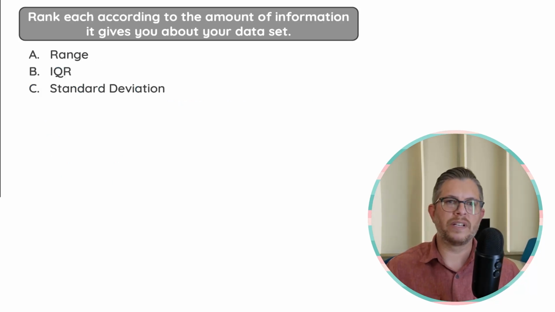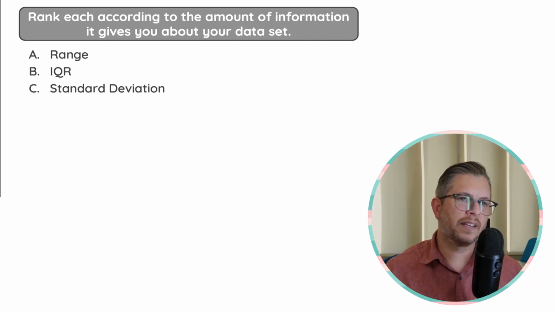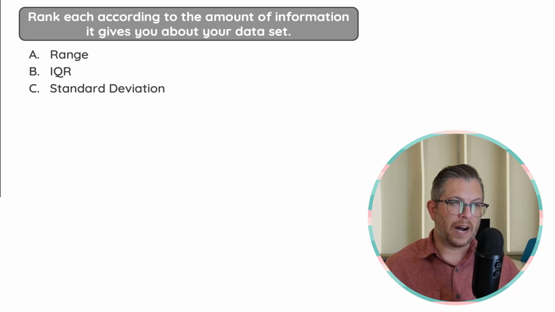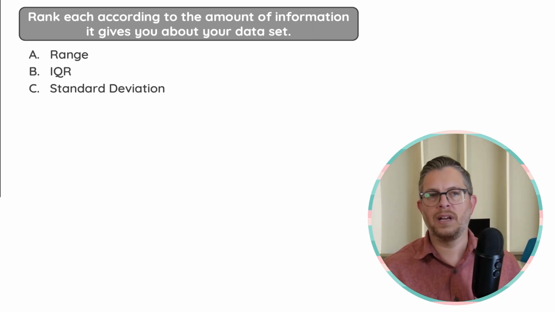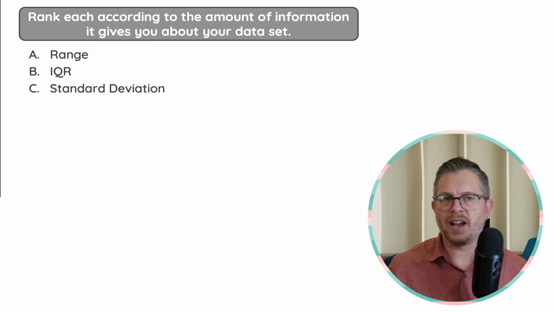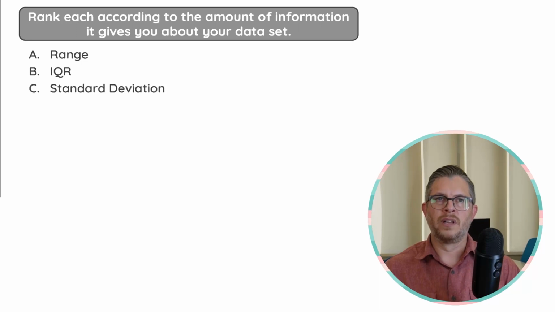Rank each according to the amount of information it gives you about your data set. I think in the end, if you have a box plot and you have all of the information, which provides you with range and IQR, you might say that that gives you more. But for this, in this wording, I would vote for standard deviation, because in standard deviation, we are accounting for the value of every single data point.